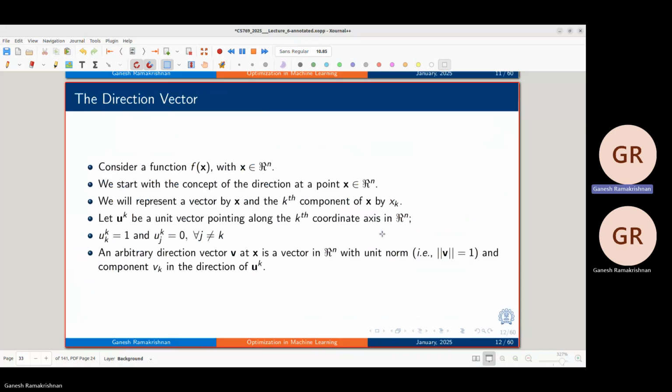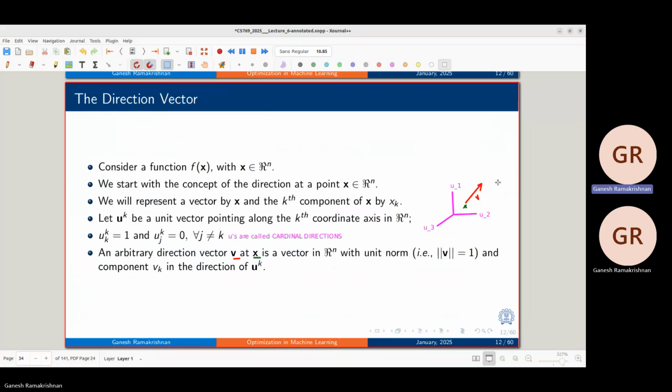When you are assessing how a function is changing, the rate of change of a function, for looking at first order properties, you are often interested in the direction. The kth component of x will be denoted by x_k, and you will consider these cardinal directions u1, u2, u3. An arbitrary direction vector v at x is such that it has unit norm.